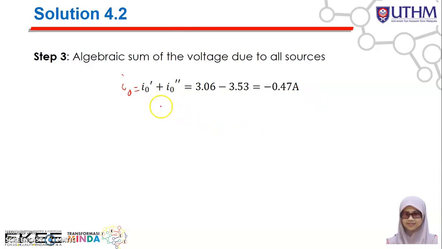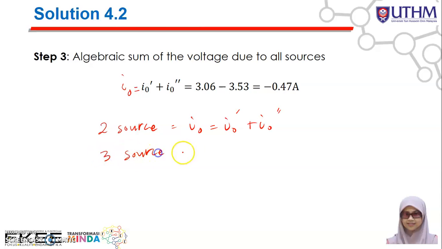So remember, the tedious work depends on how many sources you have. Based on this example, you have 2 sources, so your i0 will be equal to i0 prime plus i0 double prime. Let's say you have 3 sources.